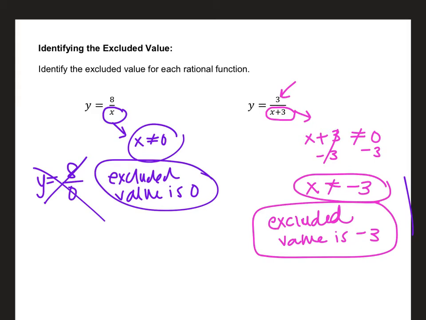And let's just make sure we understand why. If I were to take the original function, y equals 3 over, and we're saying that x can't be negative 3, what happens if we plug in negative 3 for x? Y equals 3 divided by negative 3 plus 3, which is 0. Oh, we can't divide by 0, so we have to make sure that x is never that value.